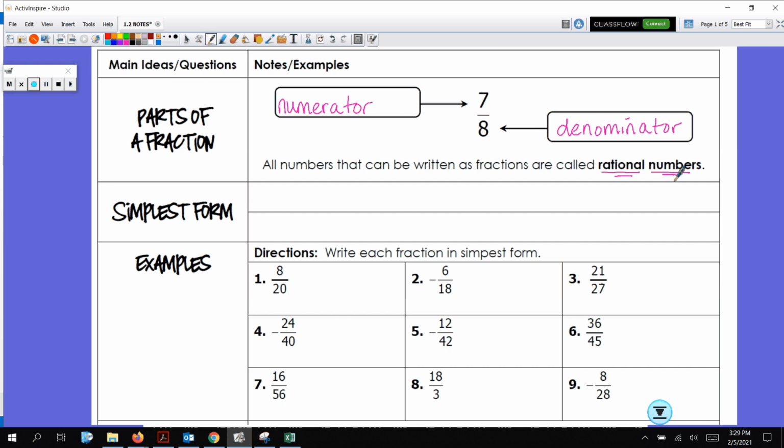All right, simplest form. This is something that some of us need a little more practice with. We struggle a little bit because I think sometimes we look at fractions and we're just like, ugh, gross. But don't be grossed out. They're not that bad.